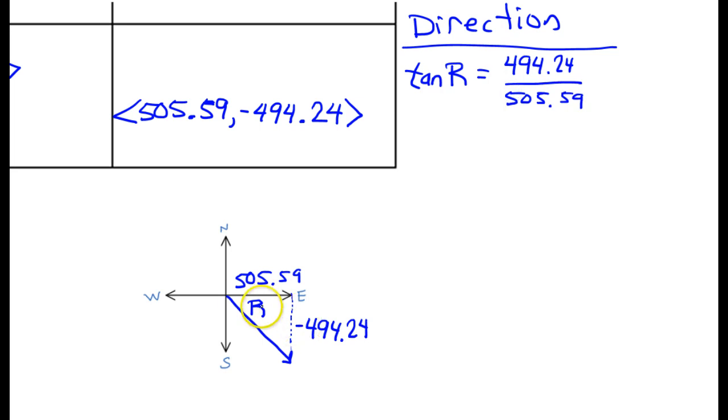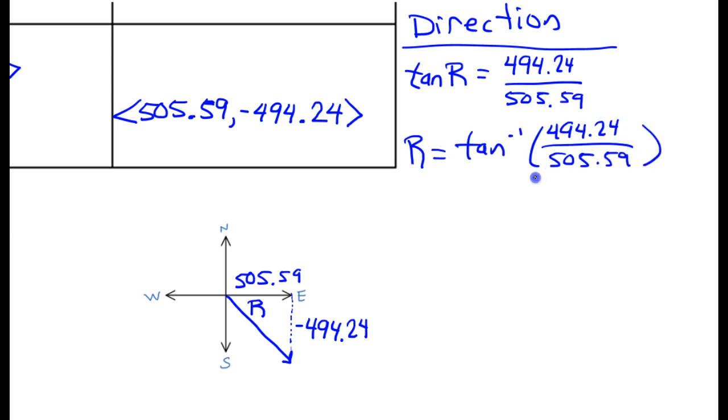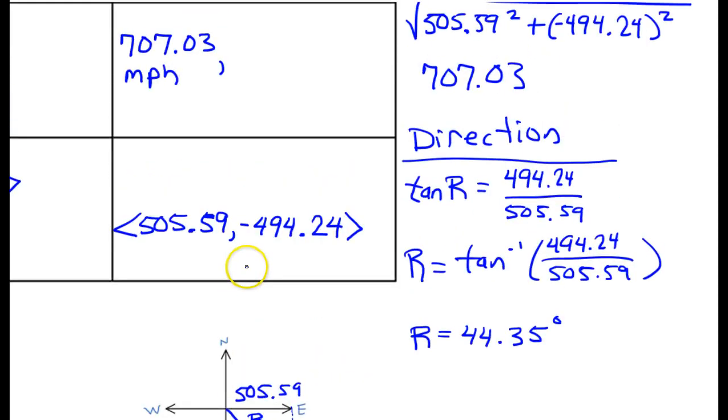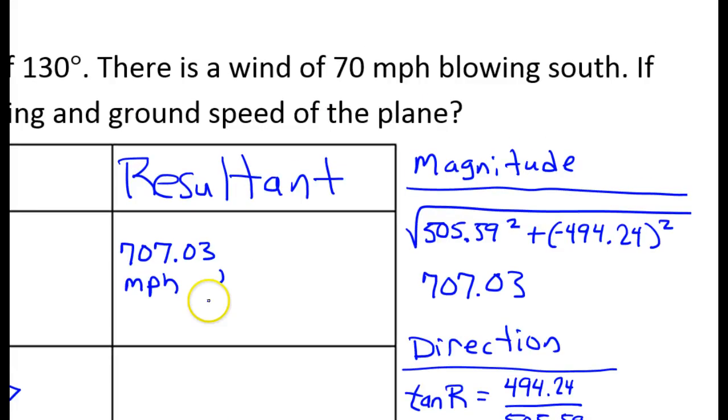I'm ignoring the negative sign because I just want the positive value of R. So if I want to find R, I need to do the inverse tangent of all of this. So put that in your calculator. So I'm getting that the reference angle is 44.35 degrees. So now I need to use that to find the actual direction.